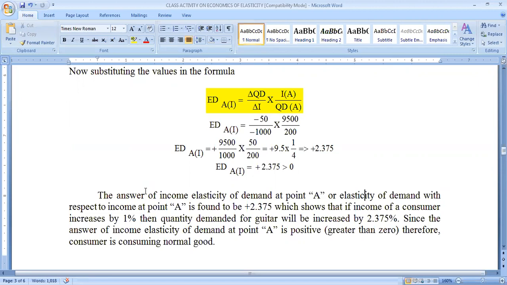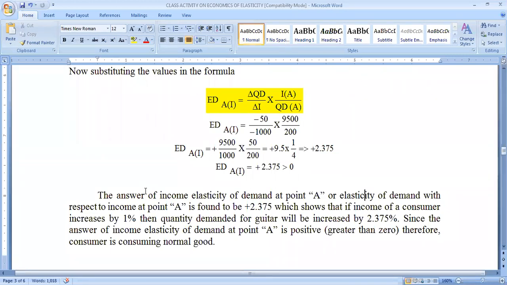Since the sign is positive, by increasing the income, the quantity demanded for guitar has also increased. If income is increased by 1%, then quantity demanded for guitar will increase by 2.375%.